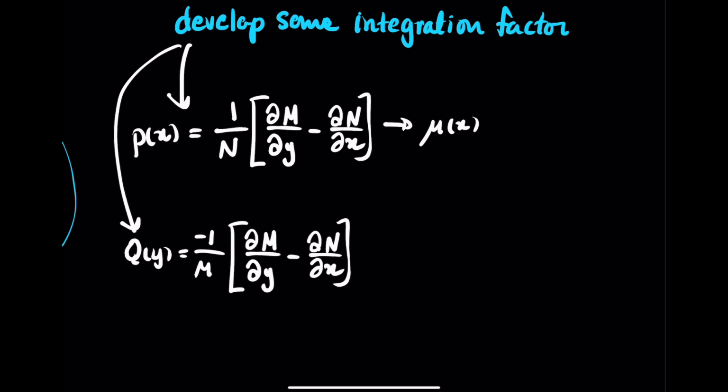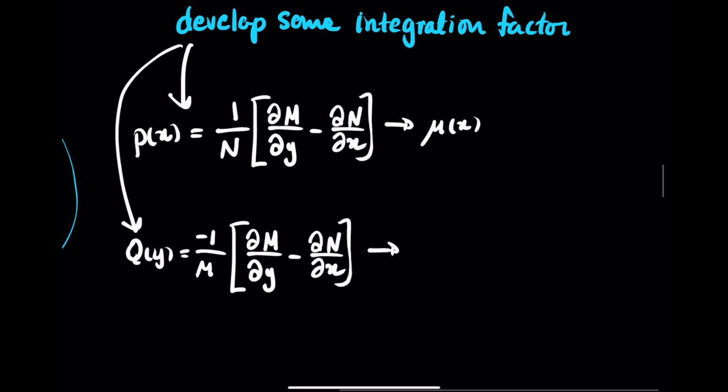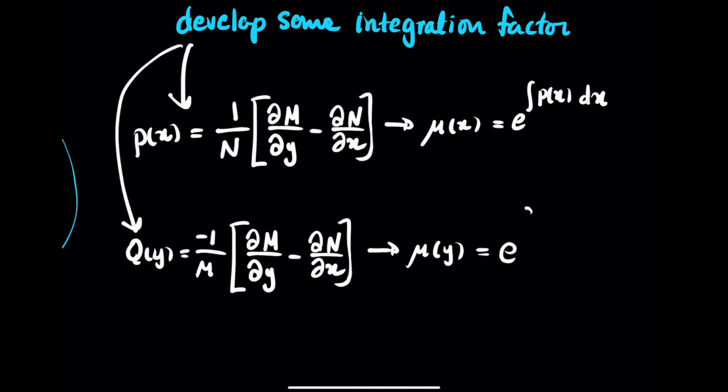And this is a similar case, but just know that mu always means some integrating factor. Okay? It can mean different things for different types of differential equations. All right. So you can have mu of x or you can have mu of y. Now just note, let me just finish this. e to the integral of P of x dx, or e to the integral of Q of y dy.